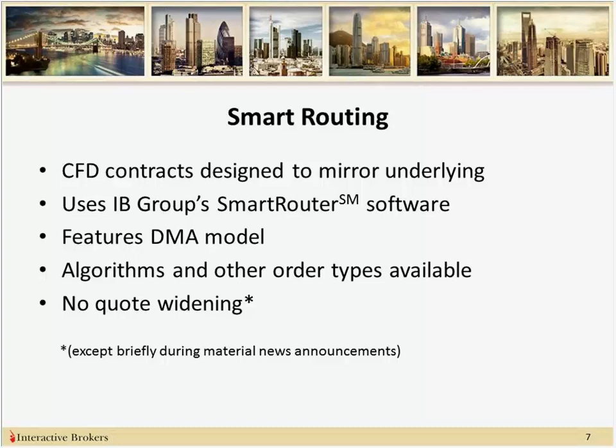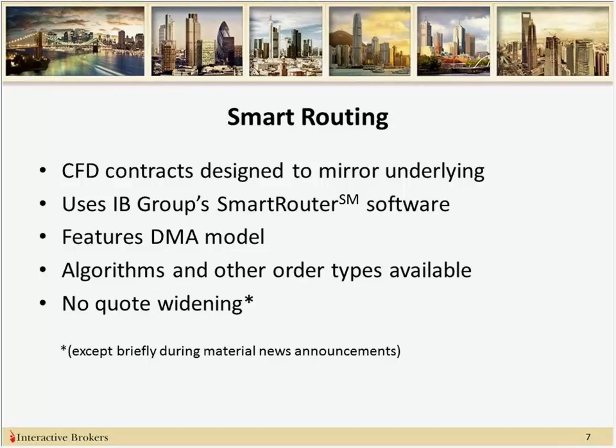A contract for difference from IBUK is designed to match as perfectly as possible the performance of the underlying asset. Investors can establish long or short positions using CFDs, and they are designed to exactly match the price performance of the underlying shares.